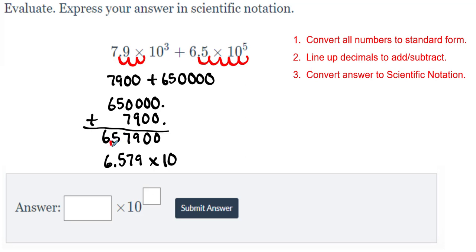Let's move this one back. So in 1, 2, 3, 4, 5. And so that's going to give me my positive 5 exponent. So 6.579 times 10 to the power of 5. And we'll box that. And that's pretty much it for examples for adding in scientific notation.